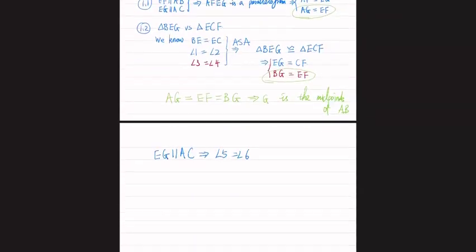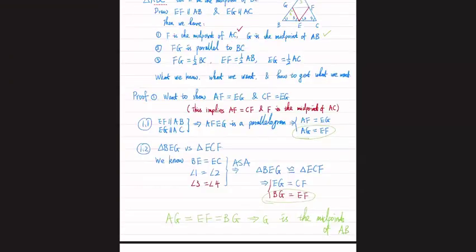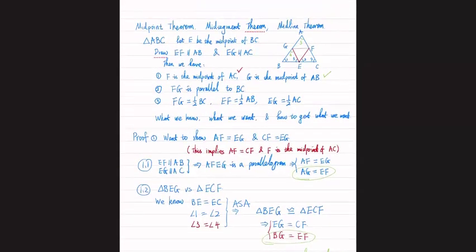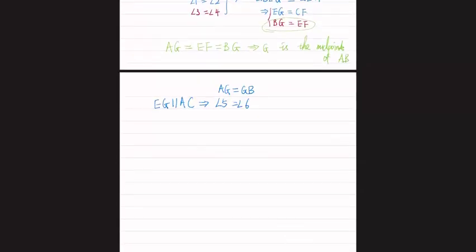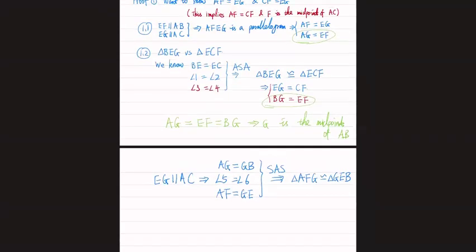Again, we know that AG and GB are the same size. We also know AF and GE. Now we have the side-angle-side theorem, the two triangles AFG and GEB.